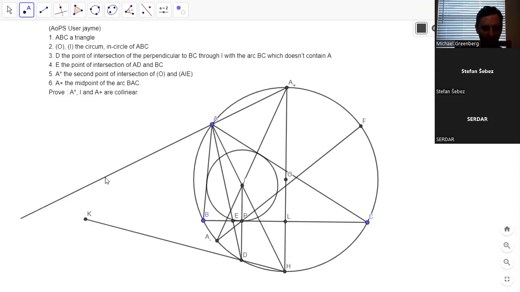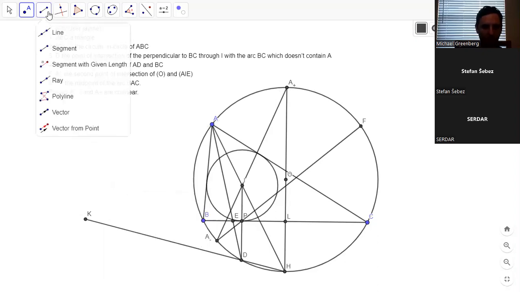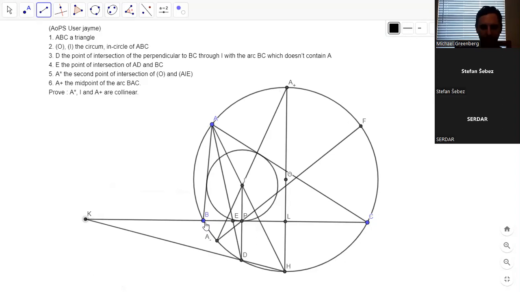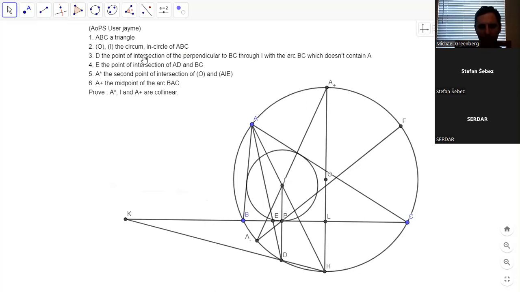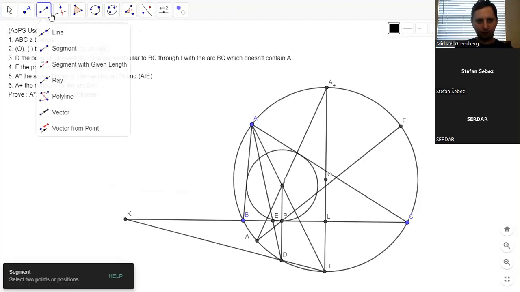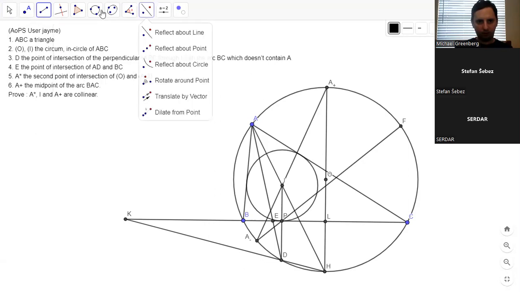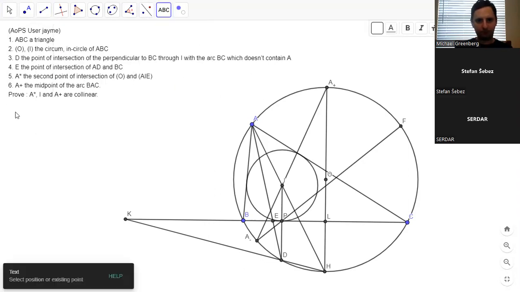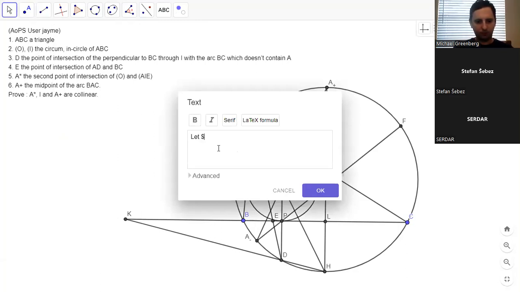So, let me write it up. Let DH meet BC at K. Let L be the midpoint of BC.